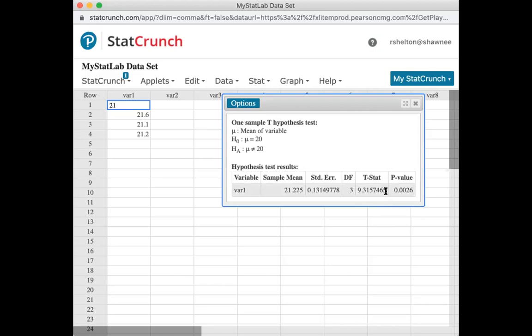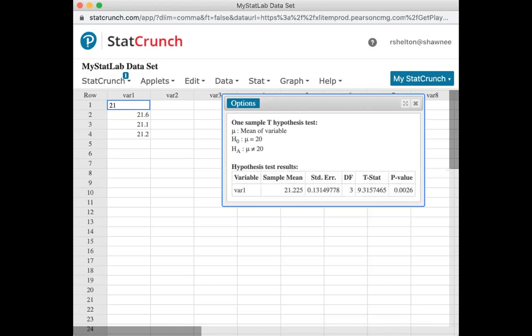But we would know just from looking at this t-value, we're going to reject because this is many standard errors away from the mean, right? So it's a very low probability that you'd get this by chance. So we're going to say, nah, that proposed mean is most likely wrong. We're going to reject that we think that's what the value is. So let me write these down. I got the t, and the p is 0.0026.